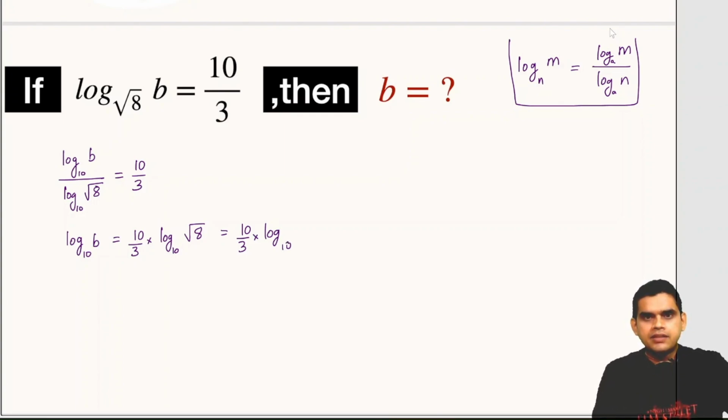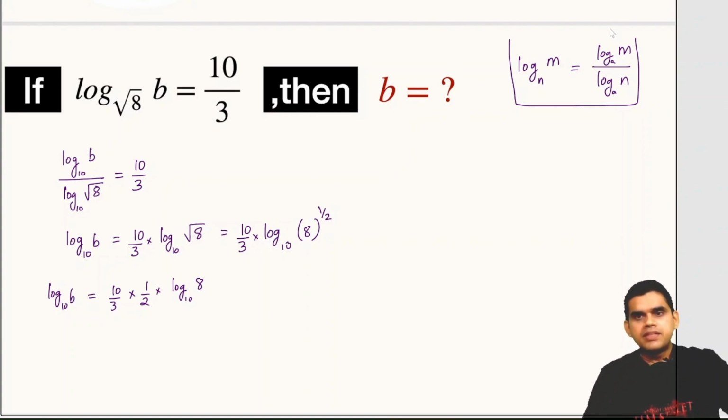This will be equal to 10 over 3 multiplied by log base 10 of 8, and 8 can be written as 8 raised to power 1 over 2. Now we can write log base 10 b is equal to 10 over 3 multiplied by 1 over 2 times log base 10 8. We will use another property: log a raised to power m can be written as m times log a.